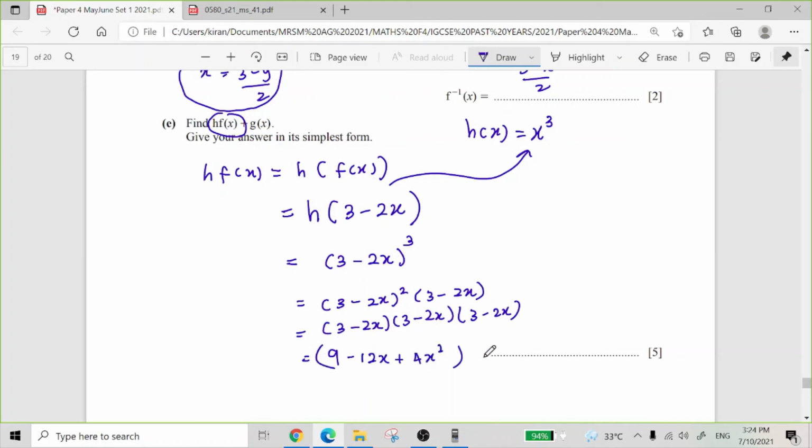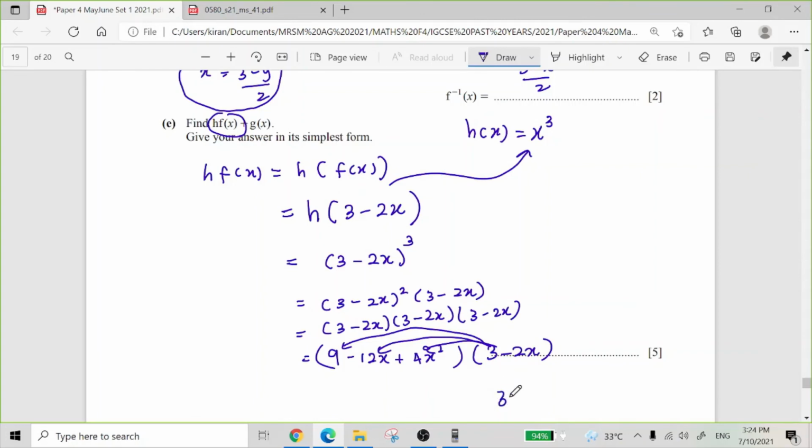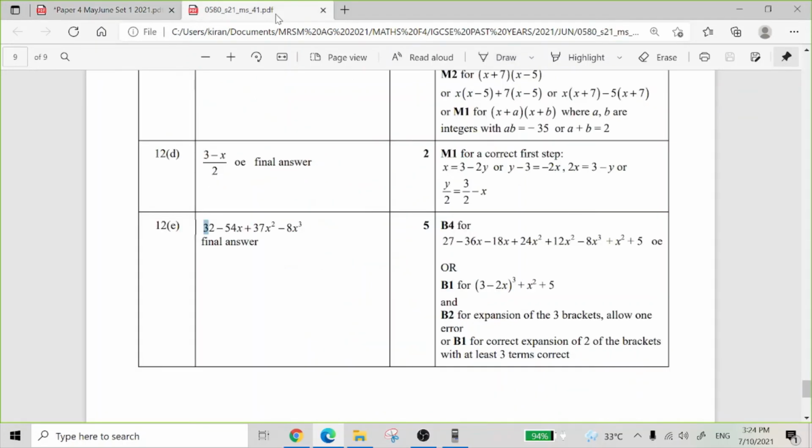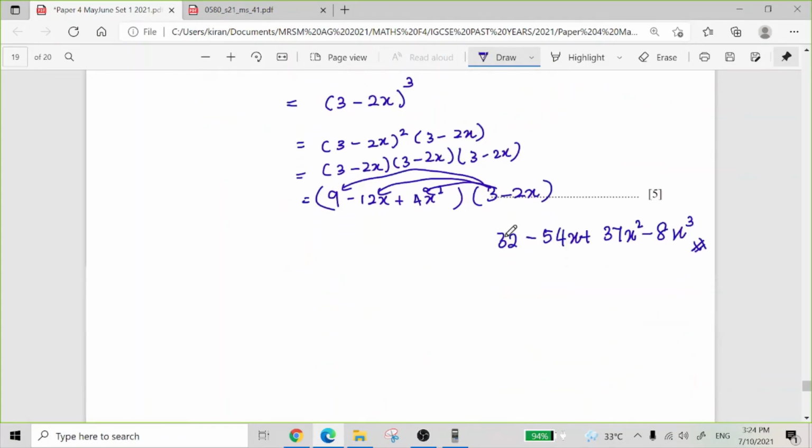Okay. And then expand pula dengan 3 minus 2x. You kena kira, calculate one by one. Satu, lepas tu darab lagi satu, darab lagi one by one. So, you will get the answer is 27 minus 54x plus 36x square, okay, minus 8x cube. Yes, that is the answer.